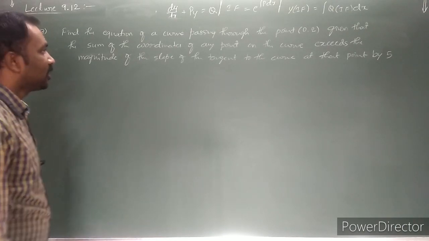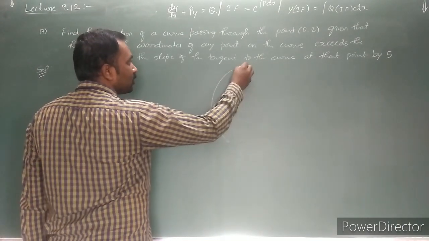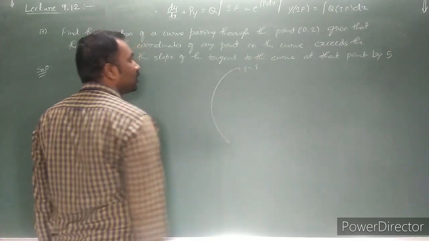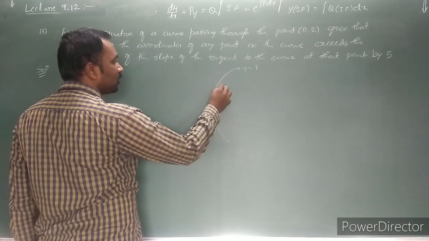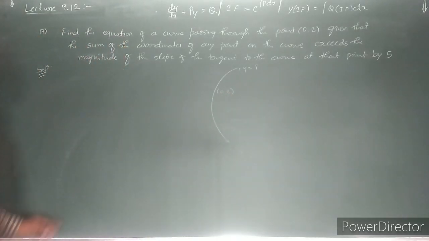Find the equation of the curve passing through the point. Suppose the curve is the one we need to find, which passes through the point 0, 2.